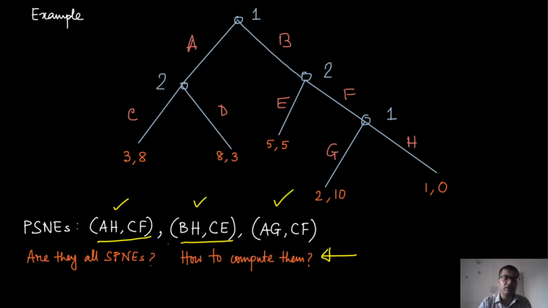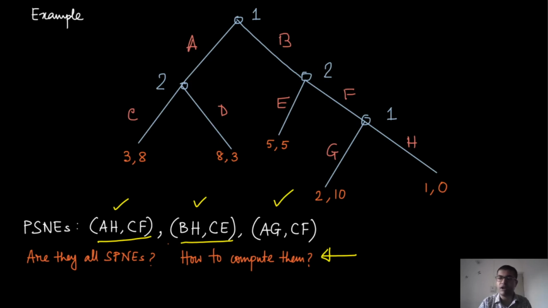Imagine that we only have finite games, so you don't really have to worry about infinite branches of this tree. How should we actually start computing this? The most natural way is to start from the leaf node.